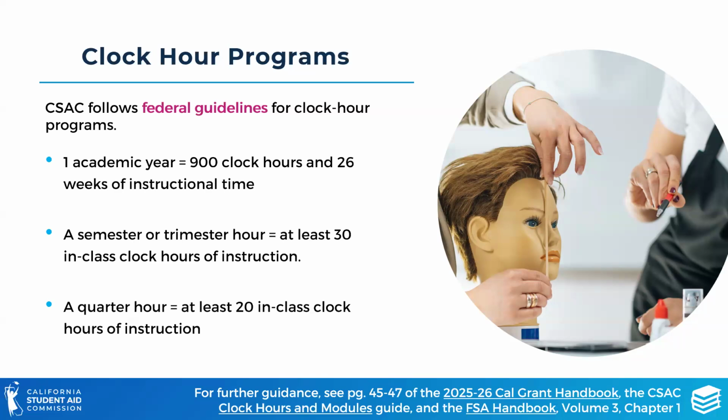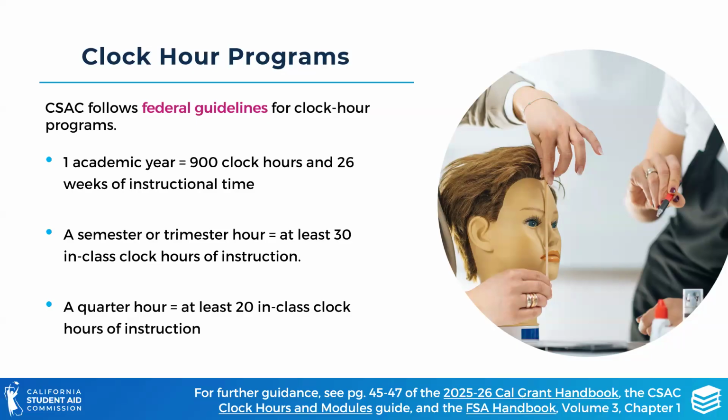Real quick, I will say that when you are determining Cal Grant C eligibility or Cal Grant B eligibility or A, remember that these cycles require that the student has a program of a certain amount of time, a certain length of time.